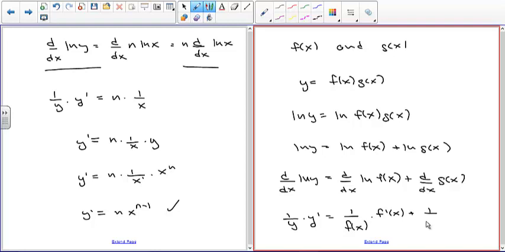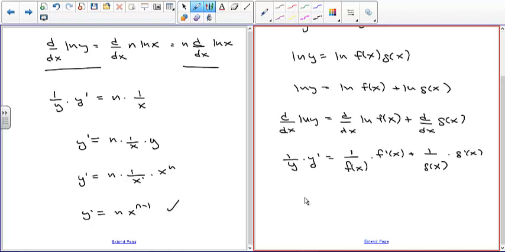I'll get 1 over g of x times g prime of x. I solve for y prime, so that's going to be equal to y divided by f of x times f prime of x plus y over g of x times g prime of x.